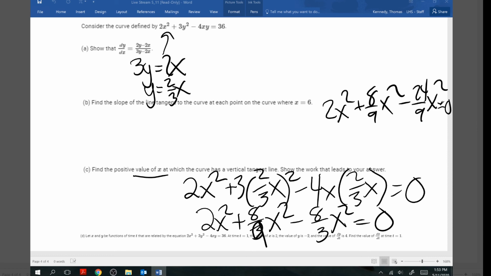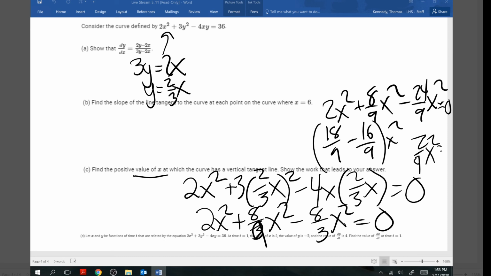And 8 minus 24 is negative 16, and this is 18/9 minus 16/9 times x squared. So it's 2/9 times x squared equals 0. It looks like my result is that it happens at x equals 0, so I'm struggling to find this critical point.